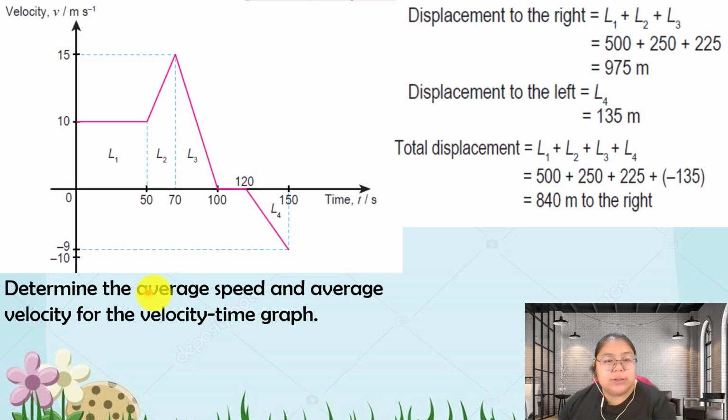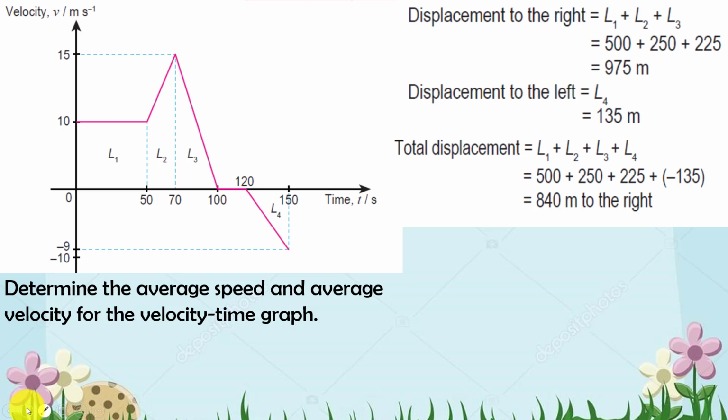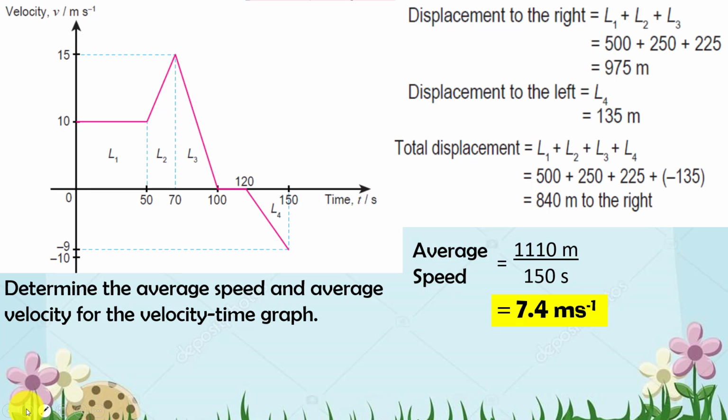Now we need to determine the average speed and also the average velocity. Average speed means we use distance. The distance we just found is 1110, over the overall time of 150. From here I get the answer of 7.4 meters per second.